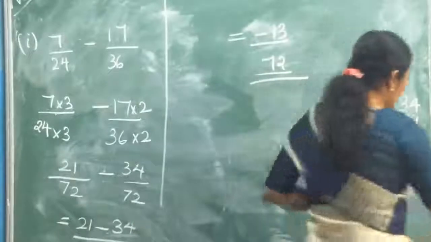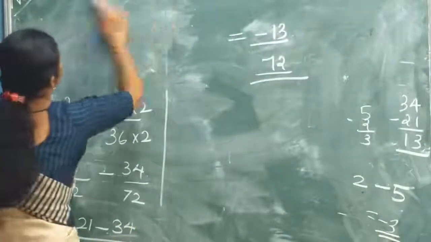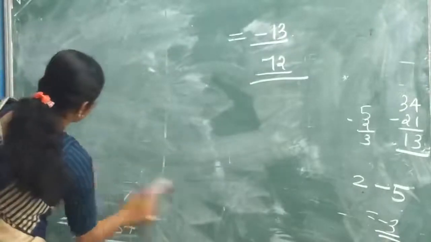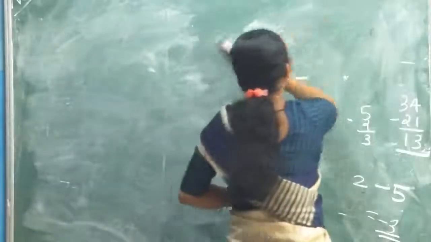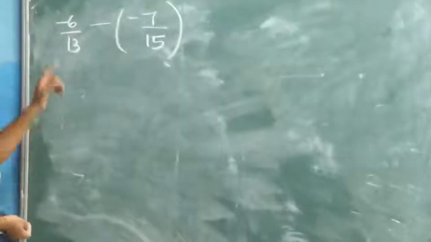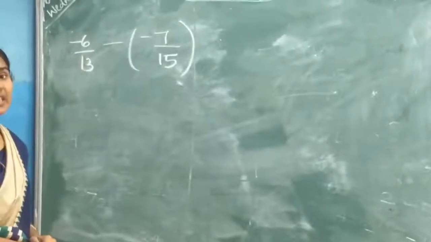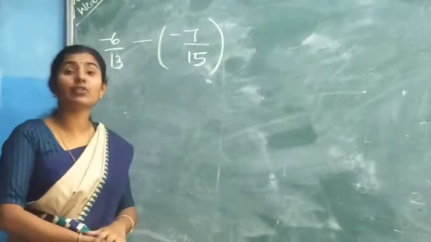Okay. Now we will do one more sum. See here, the question is minus 6 divided by 13 minus of minus 7 by 15.